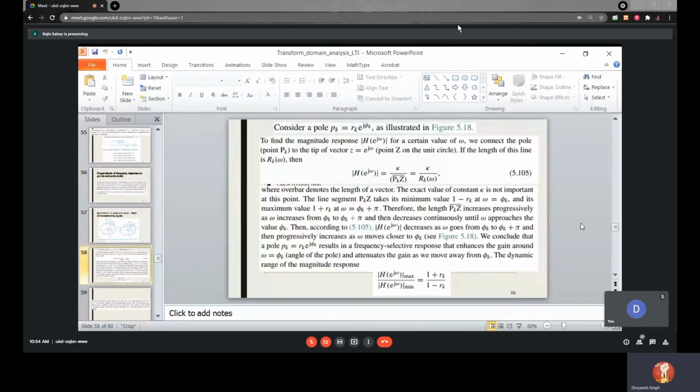So let us look at this. So pk to z is a vector. This over bar denotes a vector, and it is written as kappa by rk of omega, where rk is the magnitude.